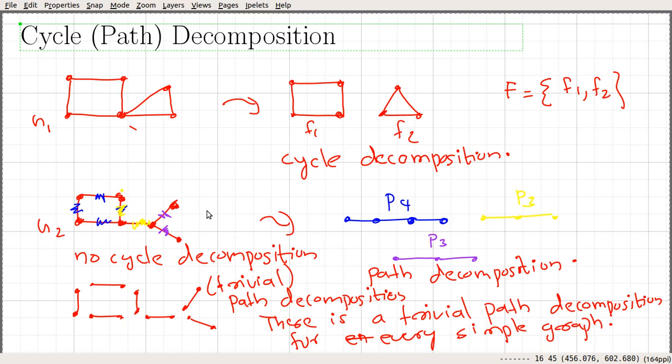In the next video we will prove a condition for when a graph has a cycle decomposition. If you look into this particular graph, you can see that we have this vertex of degree 3, this of degree 1, etc., and all other vertices have degree 2, which is even.